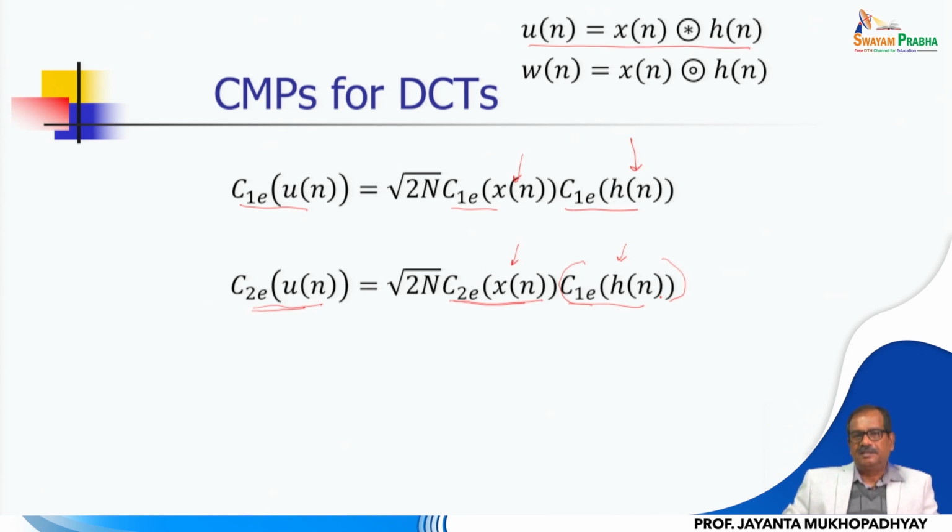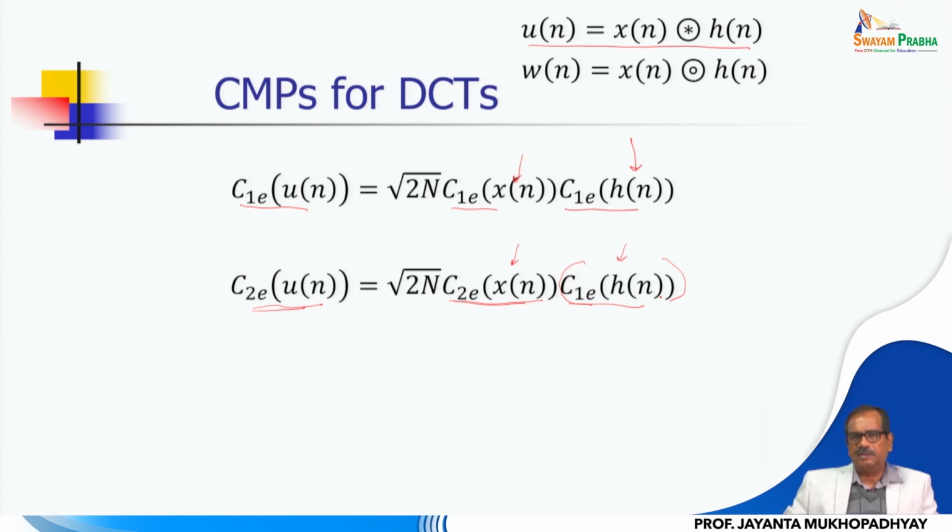So these are some interesting features, because we can apply them for designing filters in the DCT domain. We can compute directly in the type 2 DCT domain, because the filter response is a kind of specification. Whether you specify it as a sequence hn or as a sequence of its type 1 DCT, it is almost the same.